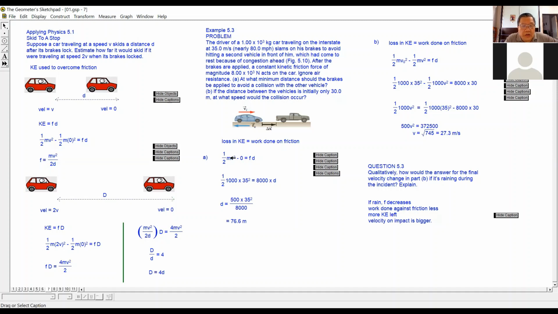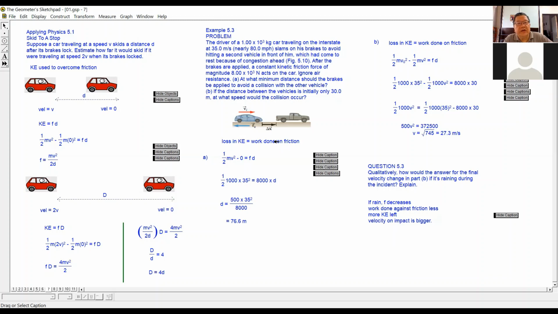Substituting the velocity to be 35 meters per second. The distance between them we don't know, but the frictional force we know is a constant force of 8,000 newtons. So by converting all the kinetic energy into the work done, we can find out the distance traveled.